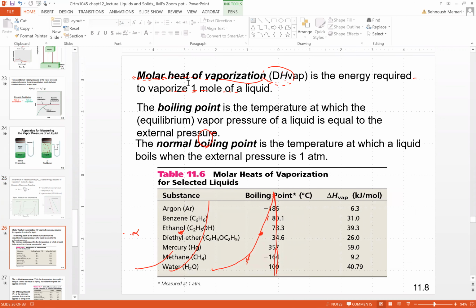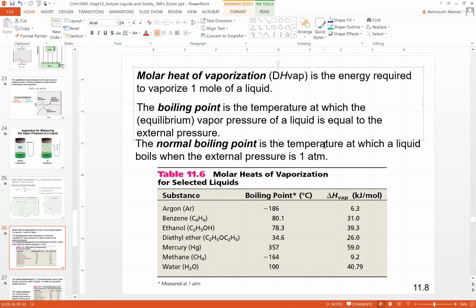Molar heat of vaporization, again, is the energy required to vaporize 1 mole of the liquid. Boiling point is the temperature at which equilibrium is reached, where the vapor pressure of the liquid equals the atmospheric pressure or external pressure. But when you talk about normal boiling point, the external pressure is a fixed number, 1 atm.